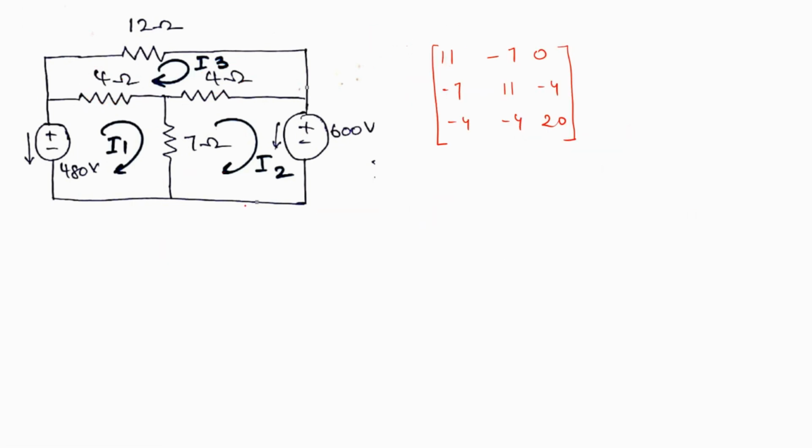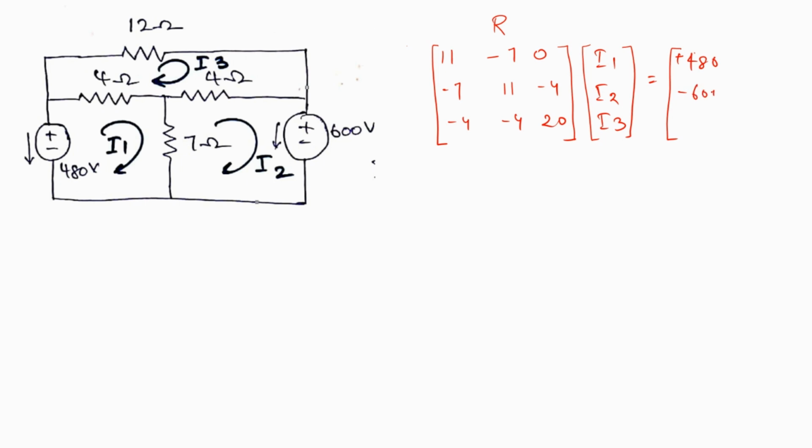So we can now write the matrix equation as this. So this is my R matrix as we already saw. Then we have the 3 loop currents which are unknown, and the constants is equal to V1. V1 was plus 480.